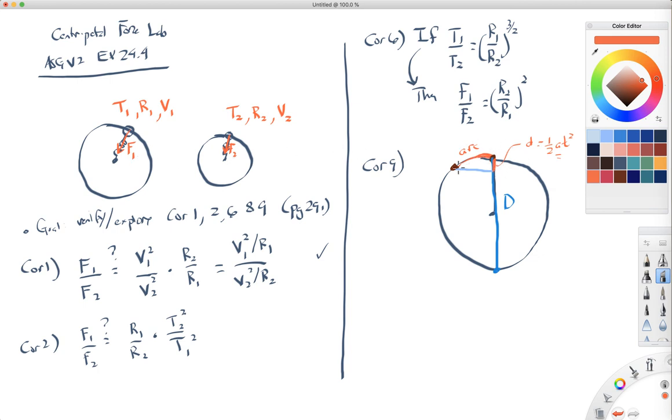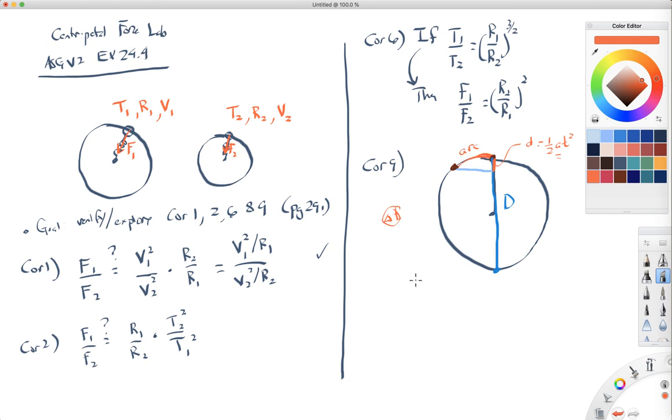You can also figure out this arc length. You'll pick some arbitrary time interval delta t. During that time, it should fall some distance d, or if it's orbiting, it should move through some arc length right there.